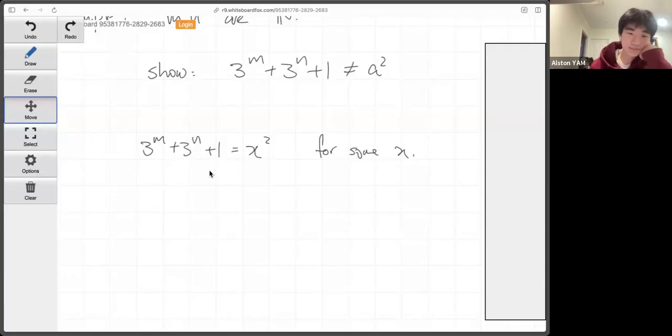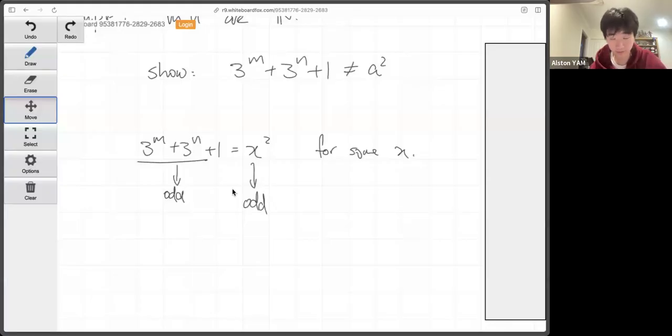Well, what do we know? Let's analyze both of these. Let's just look at the parities first. Okay, so on the left, this one is odd because we have 3 to the power something plus 3 to the power something plus 1. So that means this one must also be odd. So x is odd, first of all, right? So x is odd. What does that mean?